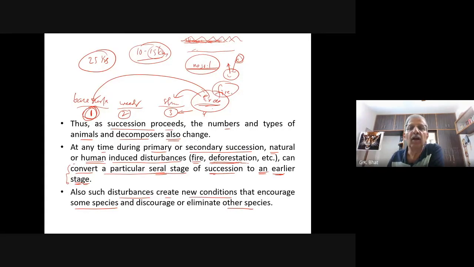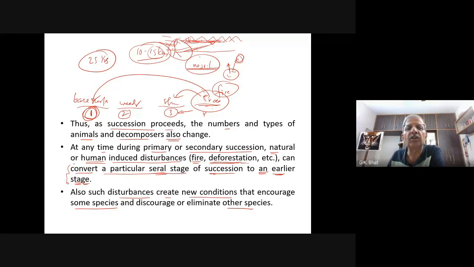Within no time is unimaginable. You cannot imagine. If you are standing somewhere and you see that a fire is there, you can't escape that. You will get burnt. That quickly the fire spreads because of the wind and all. So if in one particular place it gets a fire, it spreads to several hectares. 1 hectare is 2.5 acres.